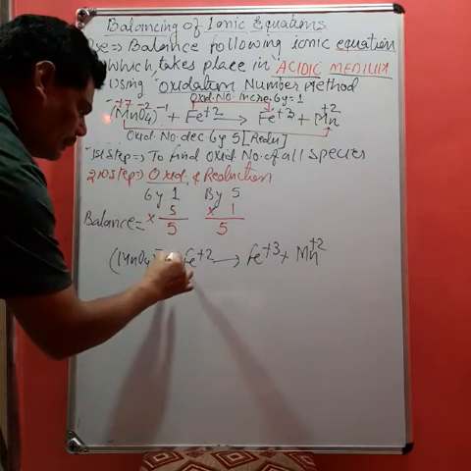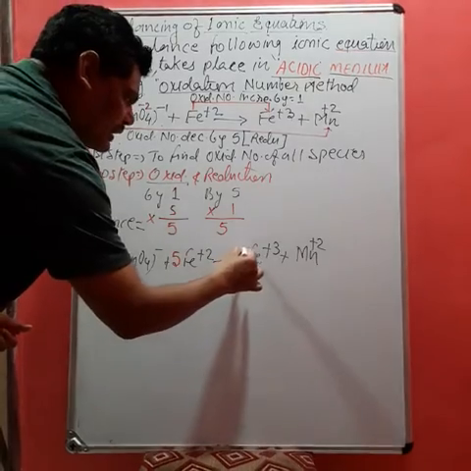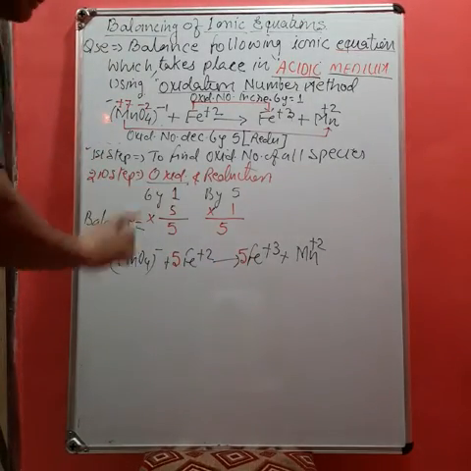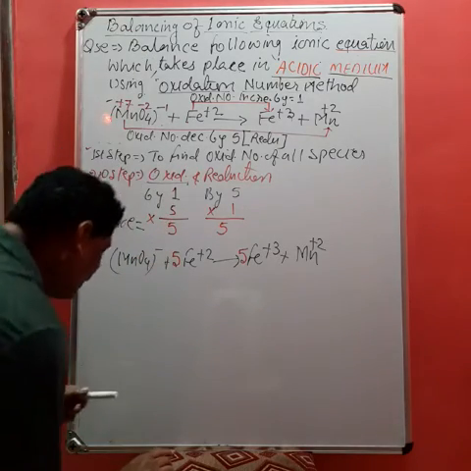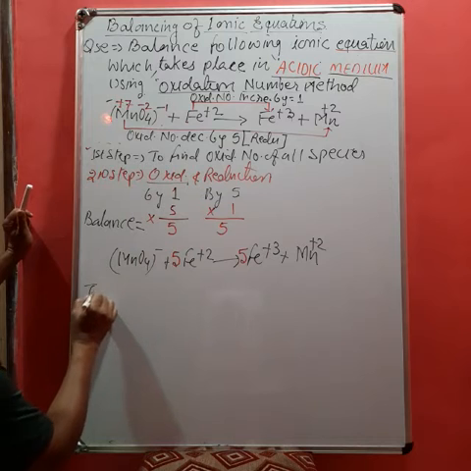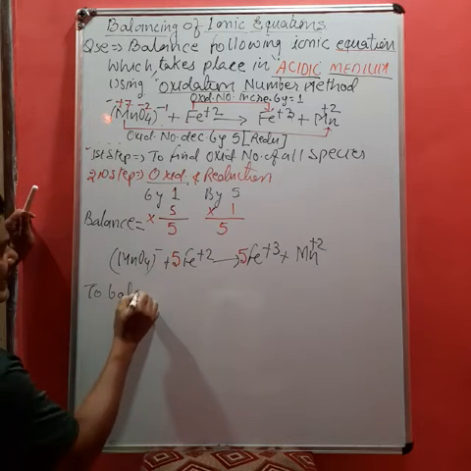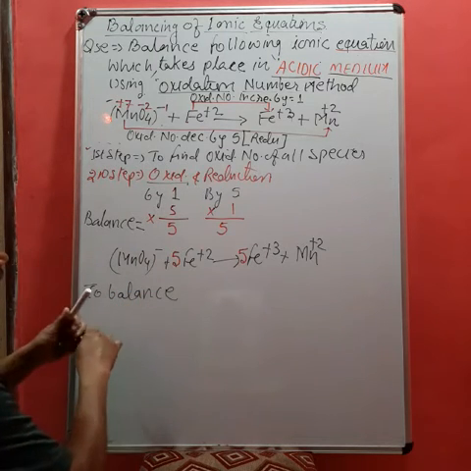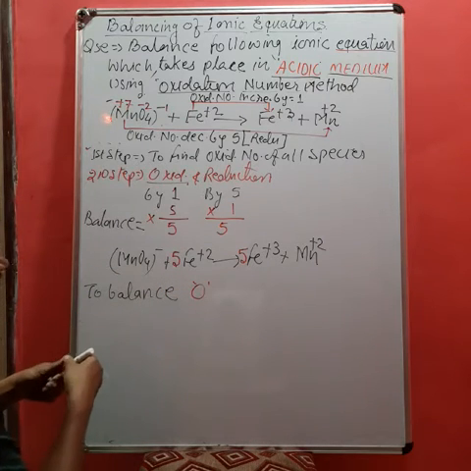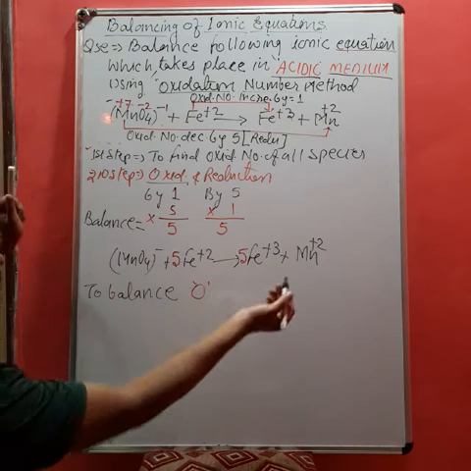Write 5 before Fe, and similarly 5 before Fe in the product side. Now students, our iron and Mn are balanced, but oxygen remains to balance. Oxygen is present only on the reactant side. It is not present on the product side.